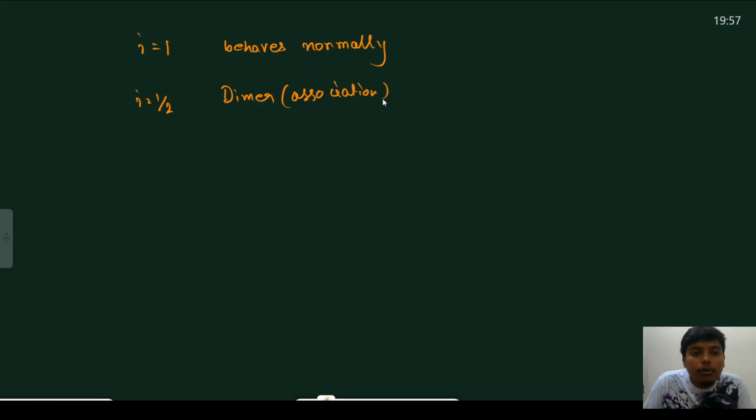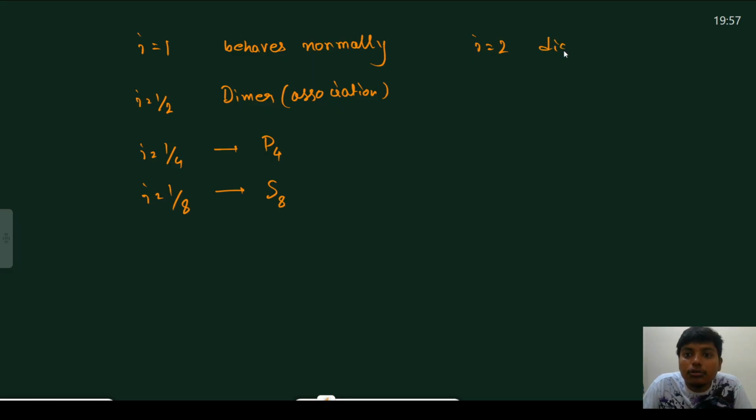When i equals 1 by 4, there is tetramer formation. Tetramer means P4. You know P4? When i equals 1 by 8, there is a molecule like sulfur, S8. When i equals 2, dissociation into 2 ions. When i equals 3, dissociation into 3 ions, and so on.